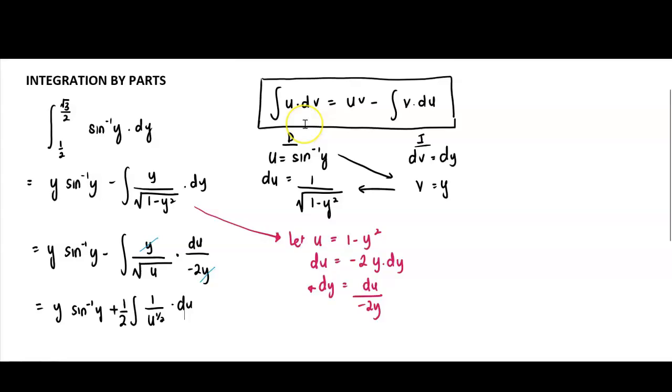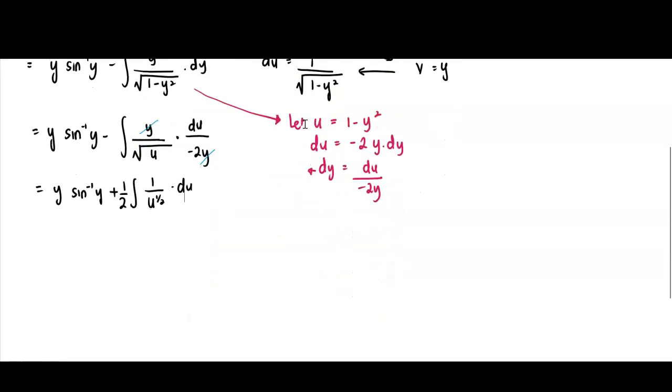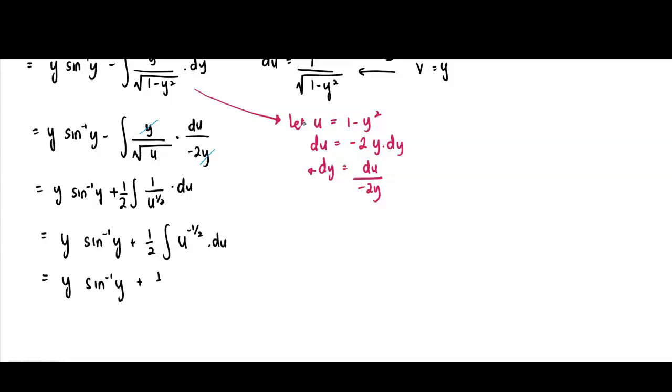Alright. Now we're going to integrate this term. When you integrate this term, you're going to leave it as a negative exponent. Integrate u to the negative half du. So you get y arcsin y plus half u to the half.